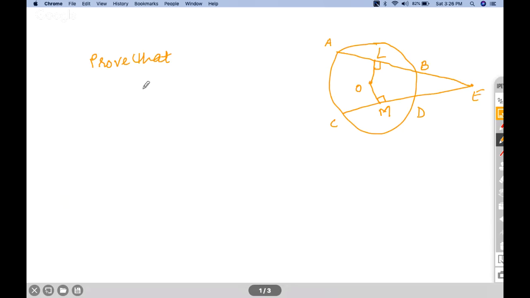You have to prove that BE is equal to DE, and the second one is AE is equal to CE.